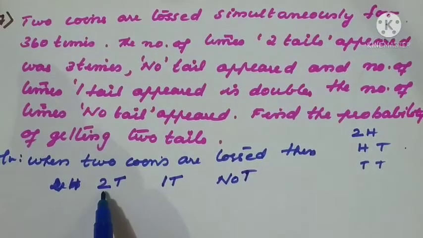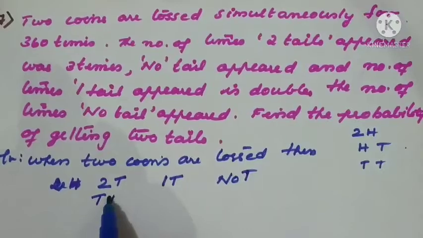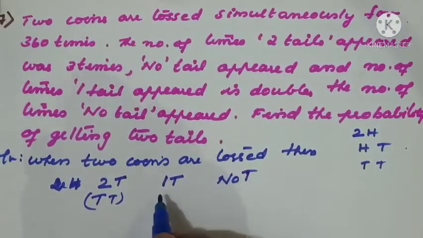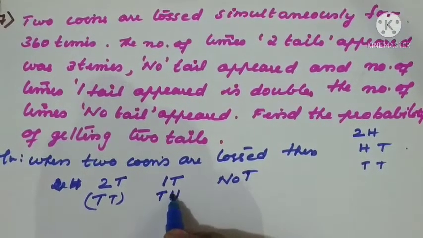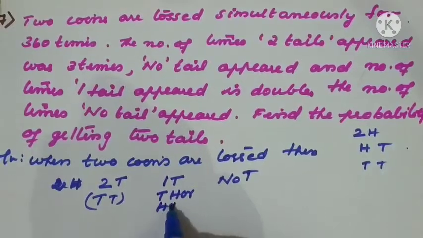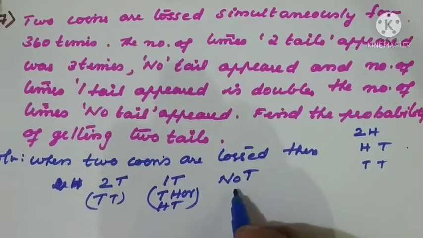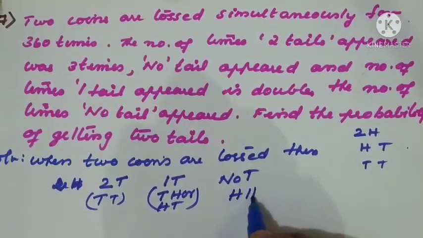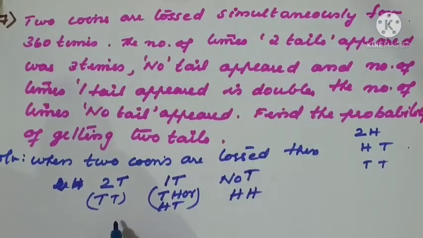So two tail means both the coins are showing T, tail and tail. Now one tail means TH or HT, right? No tail means both are showing head. Clear this one?